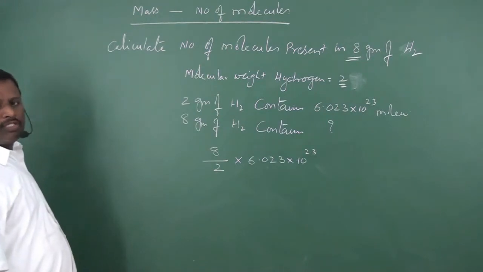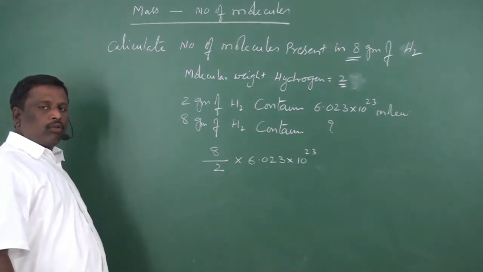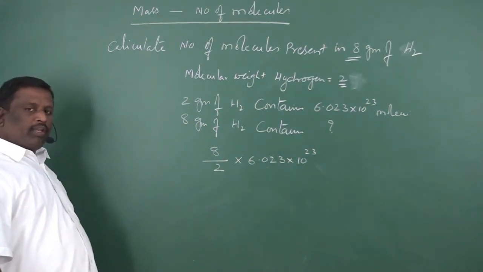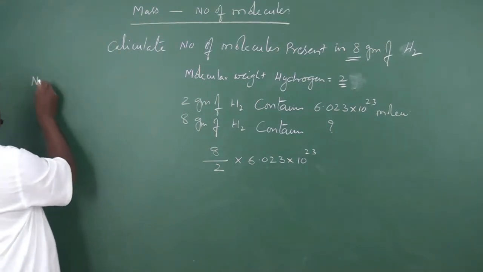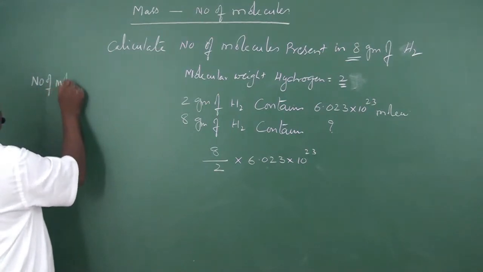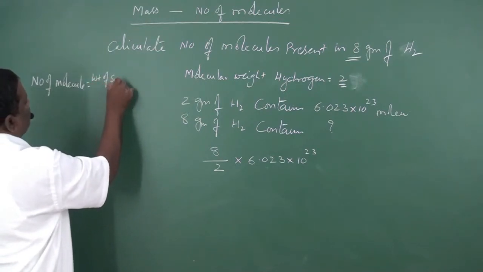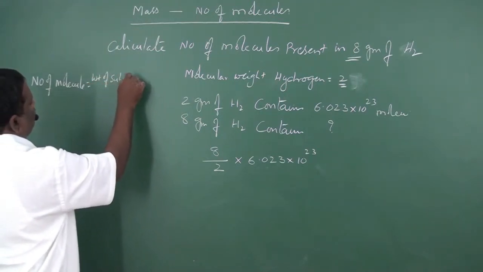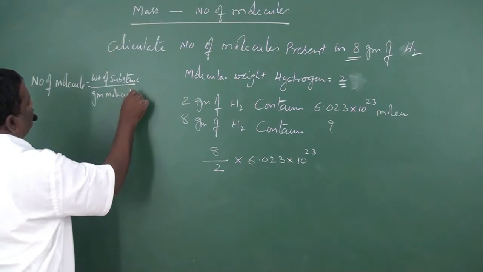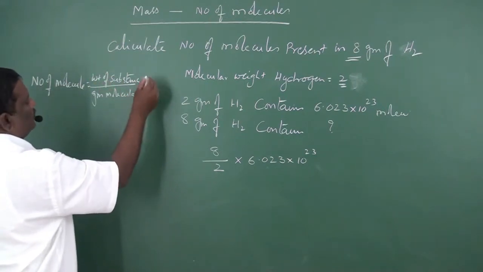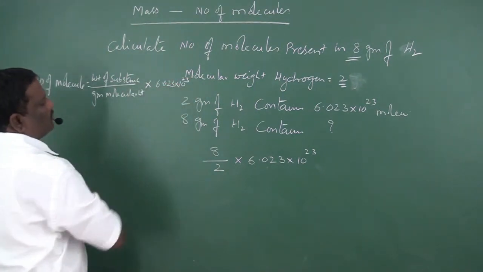If weight of the substance is given and they ask us to find the number of molecules, the general formula you may remember is: number of molecules is equal to weight of substance by gram molecular weight of substance, into 6.023 into 10 to the power 23.